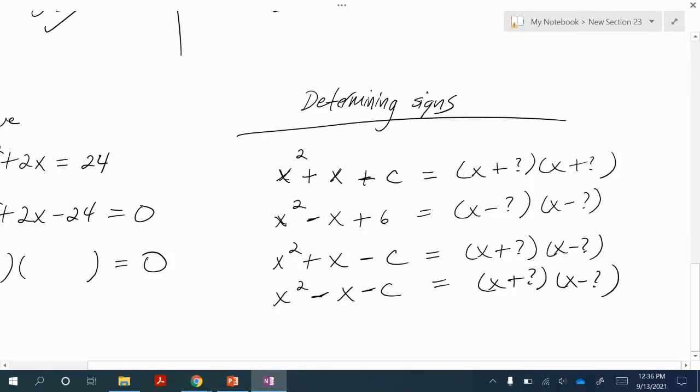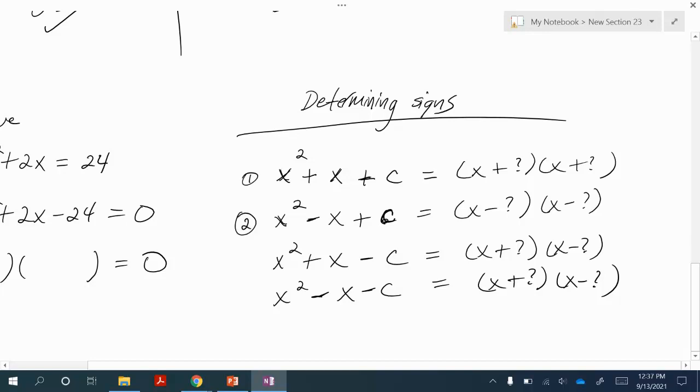Okay, so this is what we're going to use to determine signs. It may look a little bit confusing, but I'm going to explain it to you. It's based off of the sign of the last term.